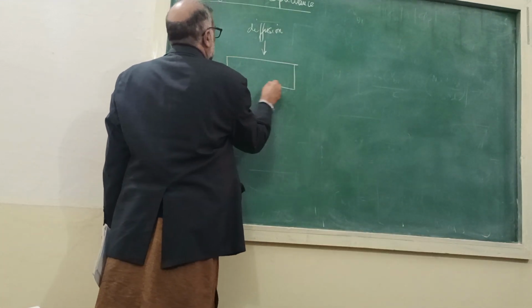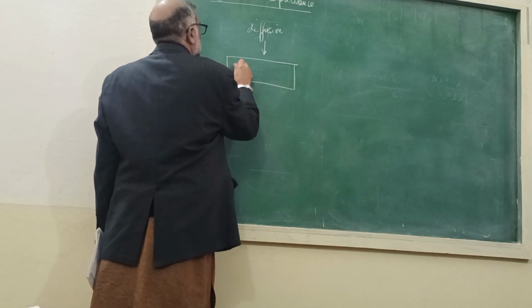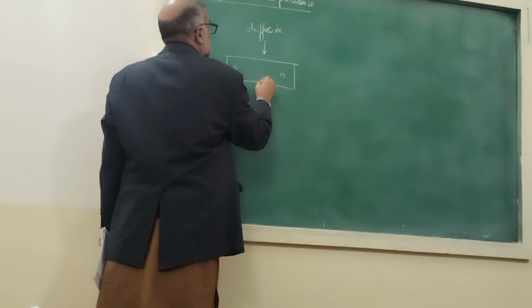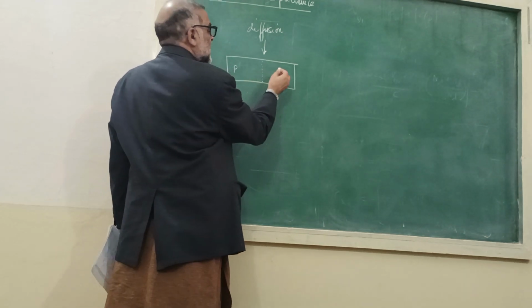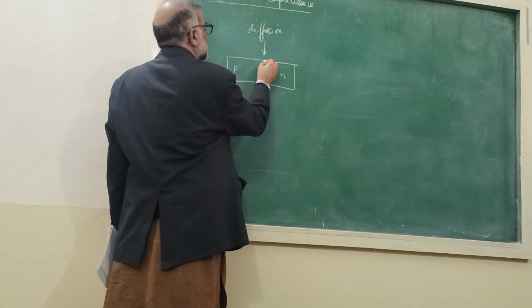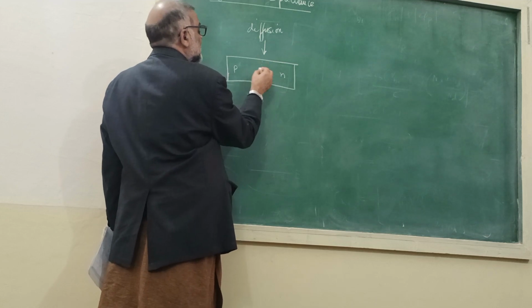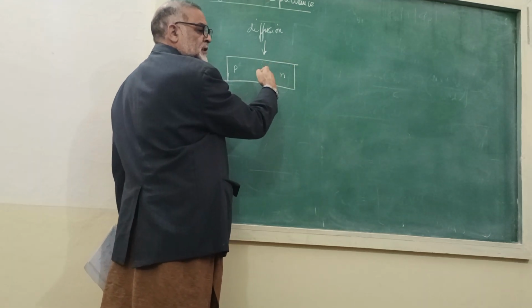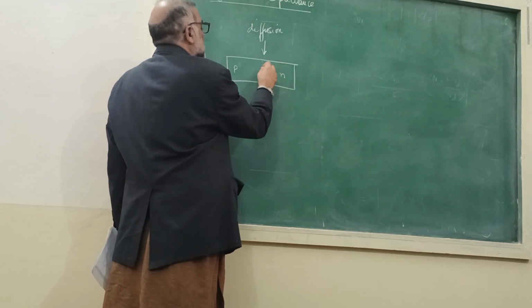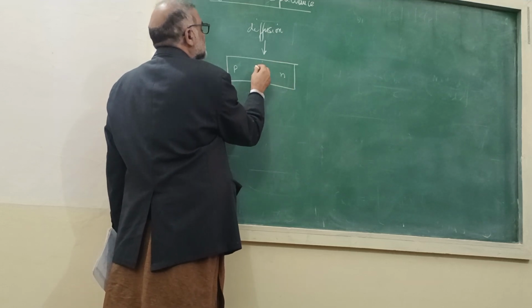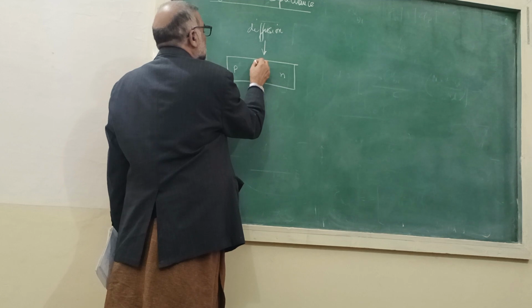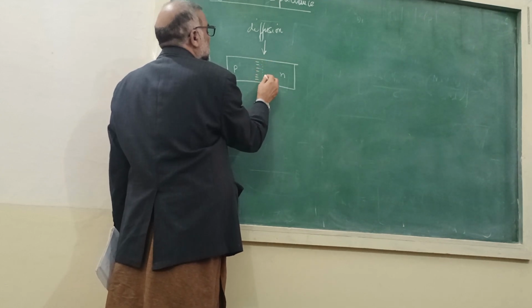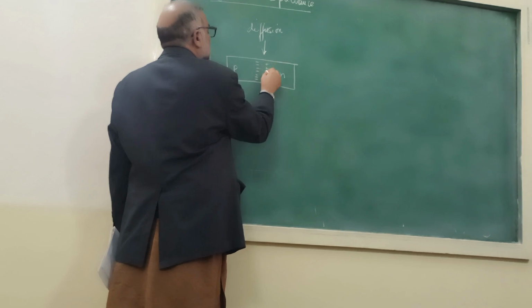If that is P type material and that is an N type material, suppose that this is a metallurgical junction. Electrons move because of diffusion. Because electrons are in high number here, they will move to this side, making this side negative and leaving this side positive.